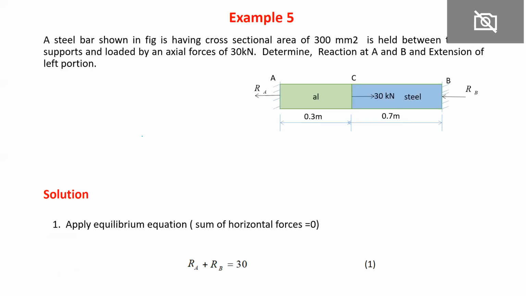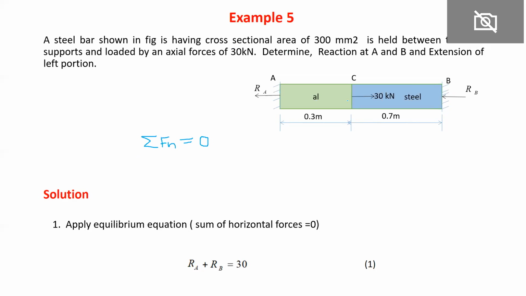That equation is the summation of forces acting in the horizontal direction equal to 0. This is one equilibrium equation, and this member is not subjected to any moments. If there were a moment, we would have to consider it also, but in this case there is no moment; the force is simply acting along the axis of the member.